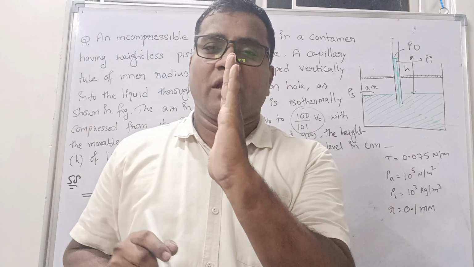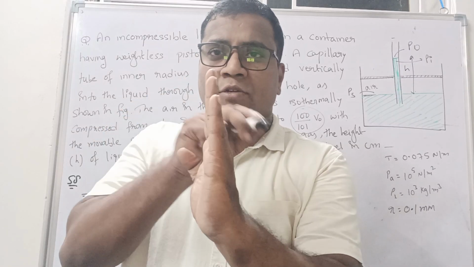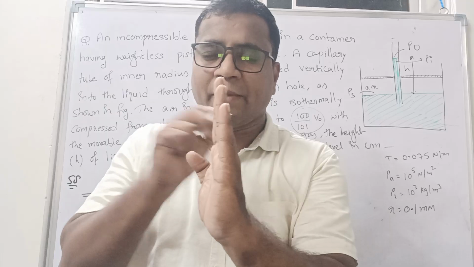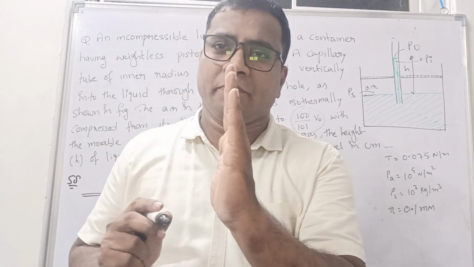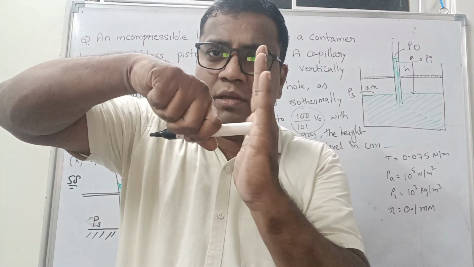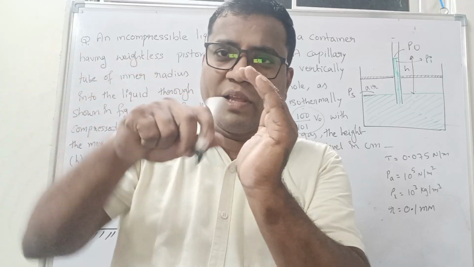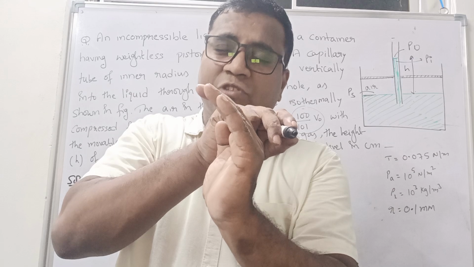If a layer separates two mediums and the layer is flat, then both sides pressure remains the same. If I apply more pressure, then the layer becomes curved. In this region pressure will be more, and here pressure will be less.